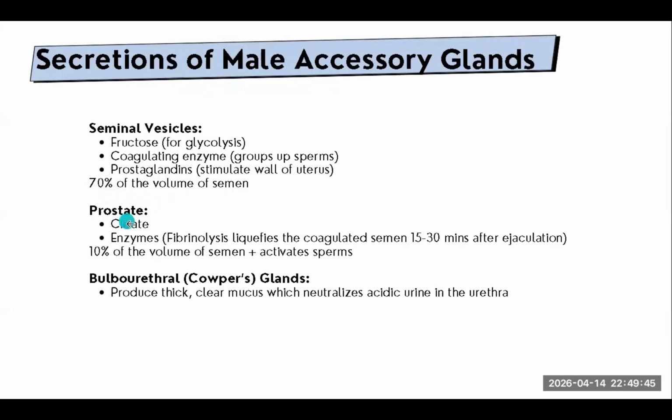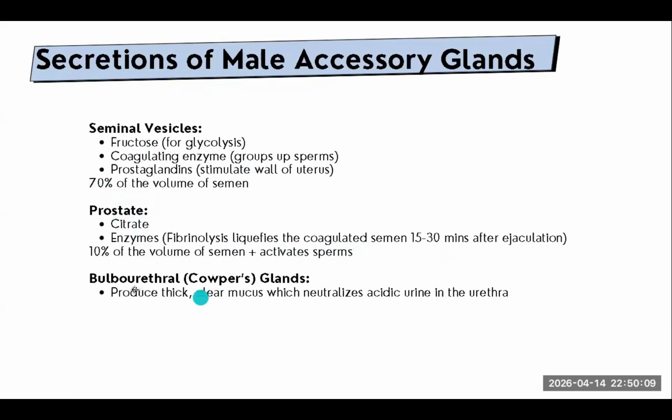Then we have the prostate. The prostate would secrete citrate and enzymes such as fibrinolysin, and fibrinolysin liquefies the coagulated semen 15 to 30 minutes after ejaculation. 10% of the volume of semen is produced by the prostate, and the secretion of the prostate activates sperms.